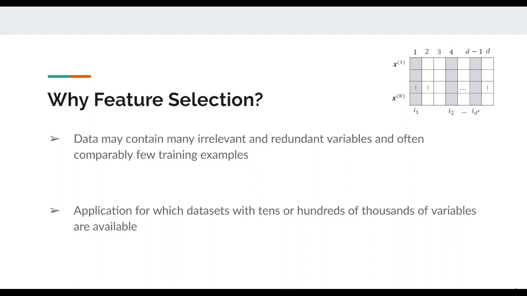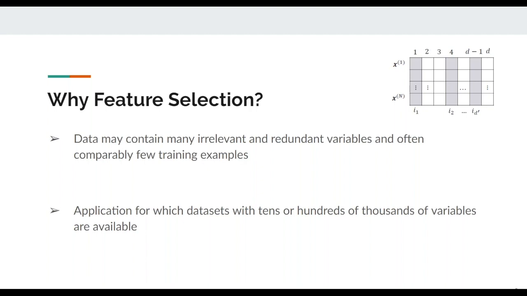As you can understand, machine learning requires significant amounts of data to actually produce robust models. And when you're talking about datasets with tens or hundreds of thousands of variables, if you consider that every variable could be a particular gene, in the human genome you might have like 30,000 variables across 100 patients or 100 different cases.